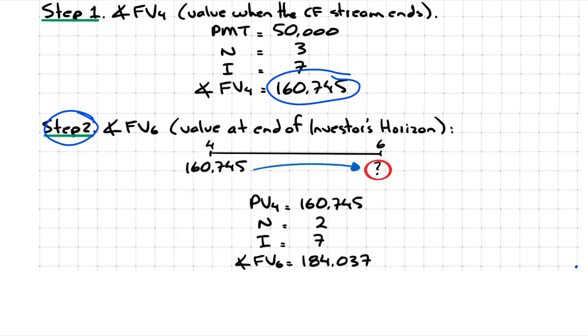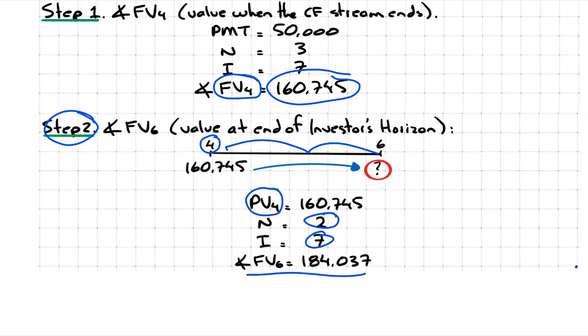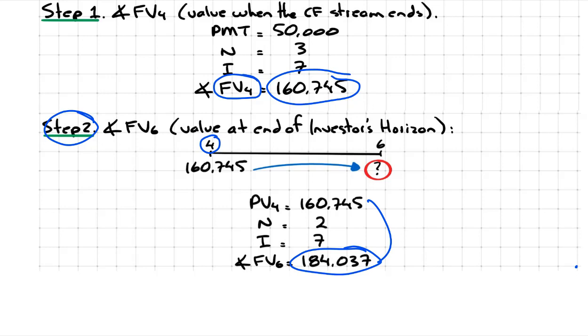So that 160, which was the future value in step 1, now it's the present value in step 2. Because now the 160 is acting as our starting point, not ending point. And then now we just compounded 2 periods at 7%. So by the time you get to t = 6, that 160 will be worth 184.037. So this would be our correct answer.